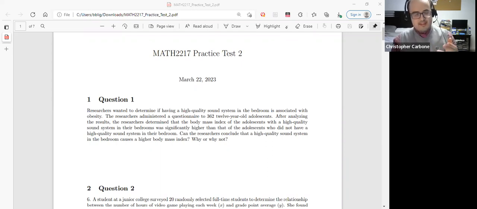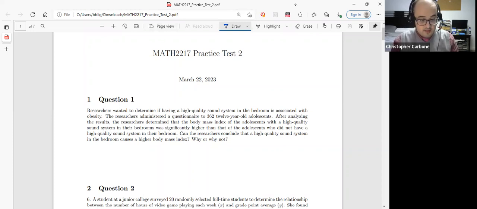And I ask, can the researchers conclude that a high-quality sound system in the bedroom causes a higher body mass index? And then why or why not?